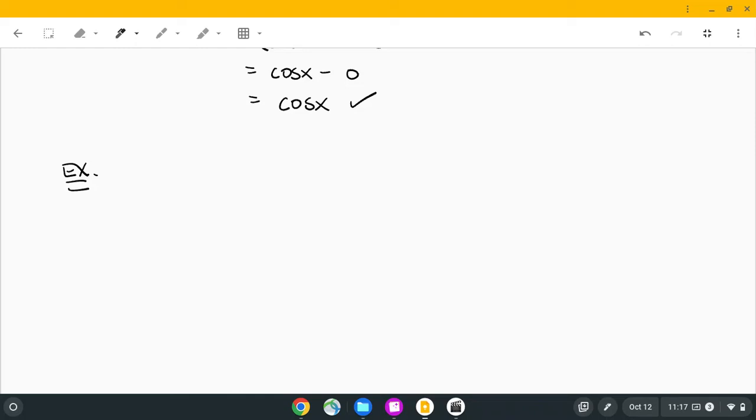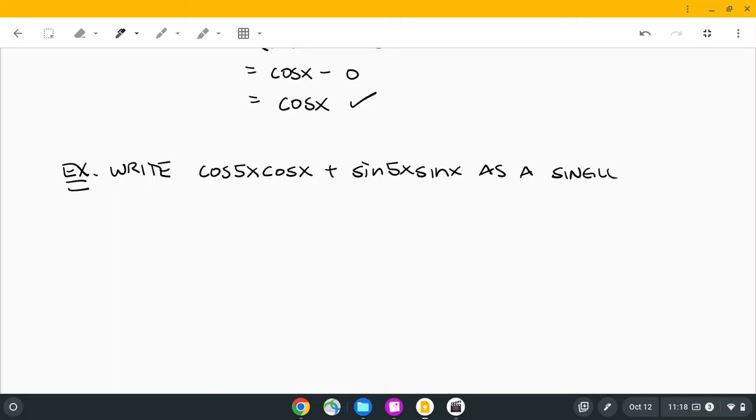All right, so let's write cosine 5x cosine x plus sine 5x sine x as a single, it might say, they might give you a hint and say as a single cosine, or they might make you try to guess which one it's going to be, and they might say it's a single trig function.